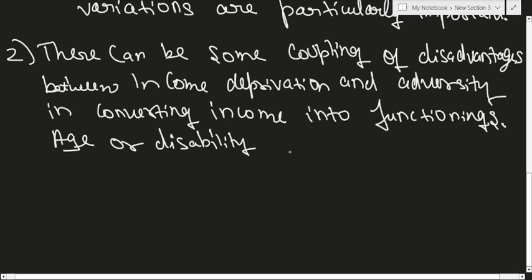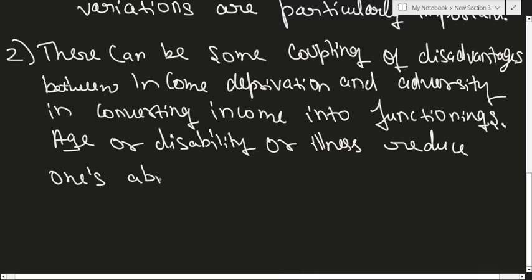Age or disability or illness reduce one's ability to earn an income.